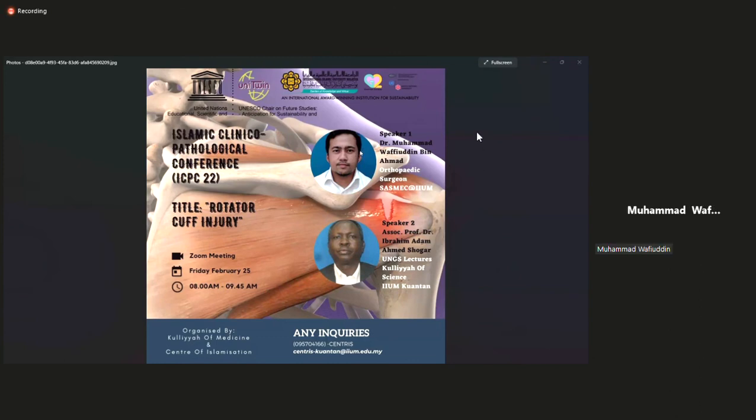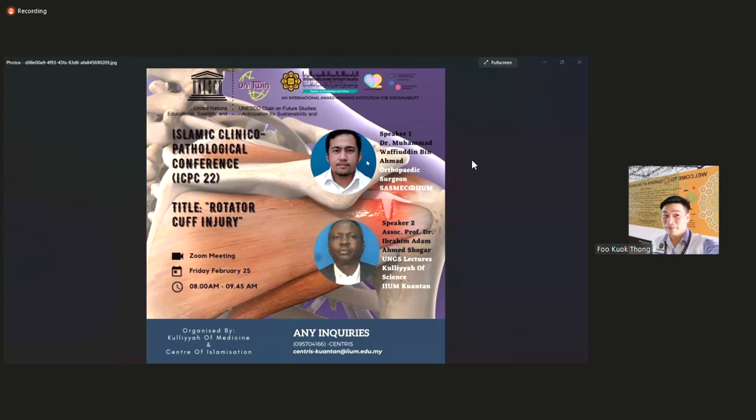How long does the patient need to be immobilized after a rotator cuff repair? And also, normally, how long will the patient have to wait before they can return to activities of daily living or normal recreational sports activity after a rotator cuff repair is done?